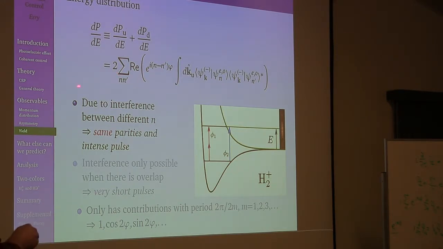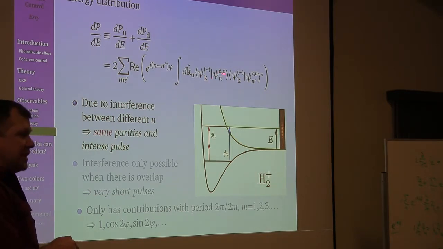The difference now is that n and n prime are any numbers, but you have to have contributions from even parity at the same place as even parity, and odd parity at the same place as odd parity. So this is interference of even parity with itself and odd parity with itself. It's not even with odd like it was for the spatial asymmetry.